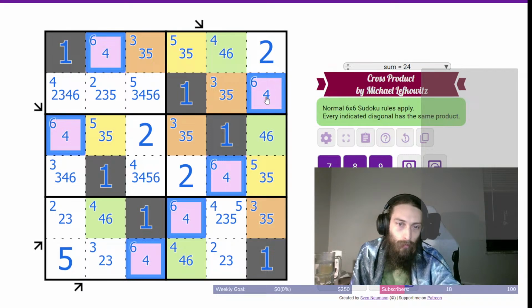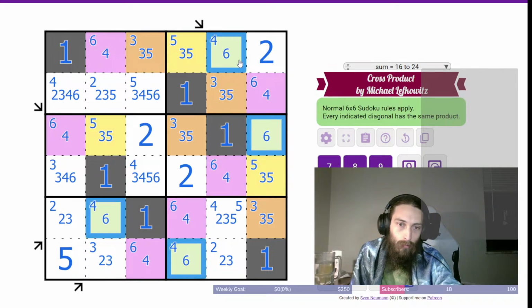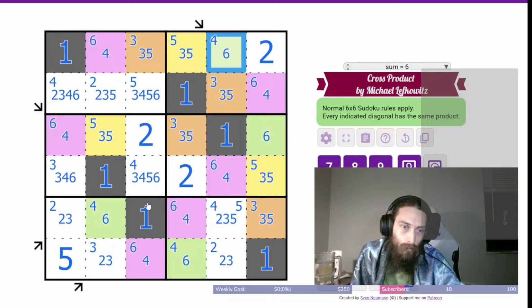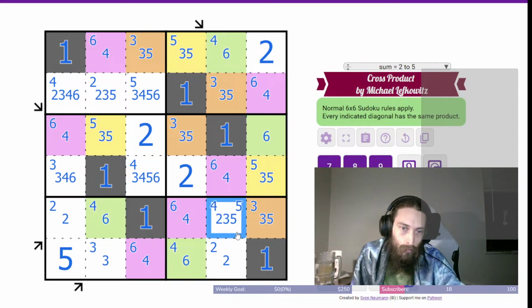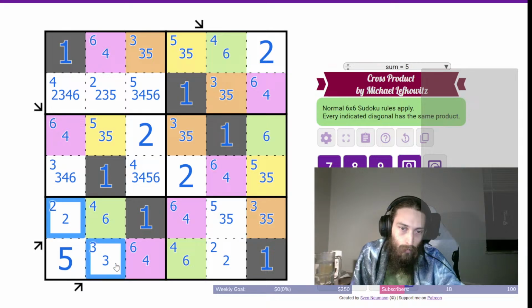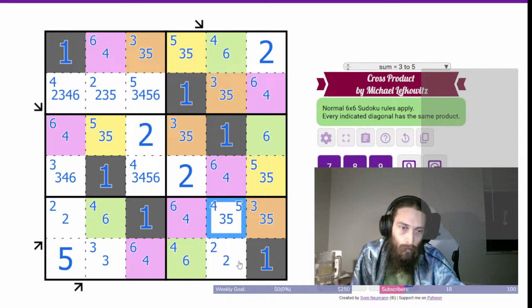Then this is 4 instead. Means these are 6. And if this is a 6, then this is the 3, and that's the 2. Did something wrong.